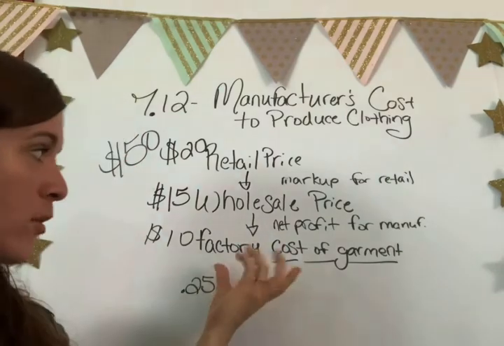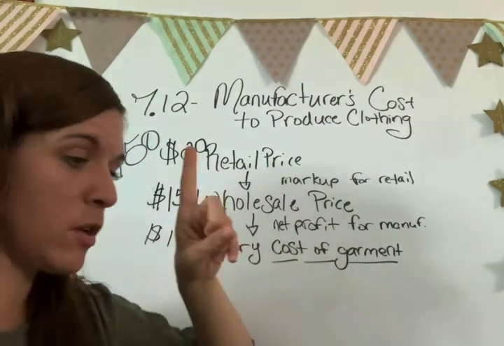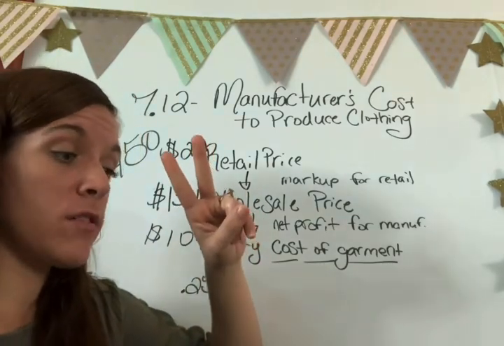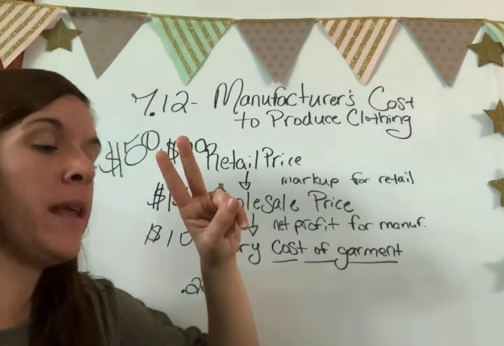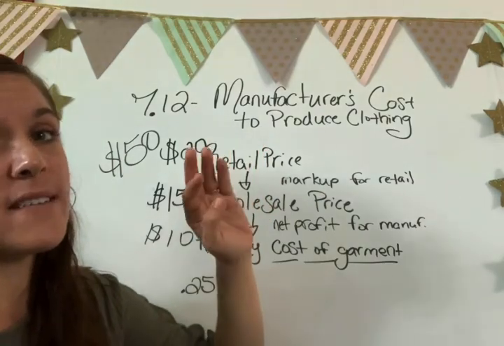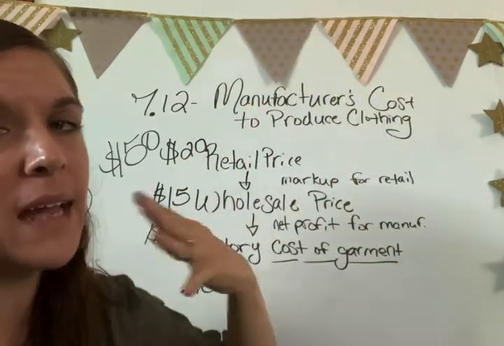Total factory cost, so what is this total factory cost? It includes raw materials, the materials to make it, to produce the garment, the wages, that's your salarios, of direct laborers who produce the garment, and factory overhead. What is factory overhead? Overhead is a super important word to learn for business. Overhead is all the stuff that you pay for behind the scenes. Look what it says.